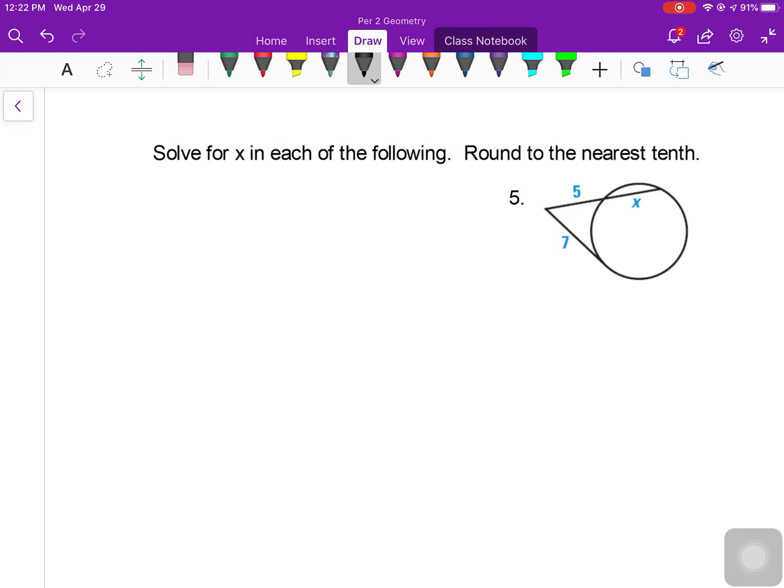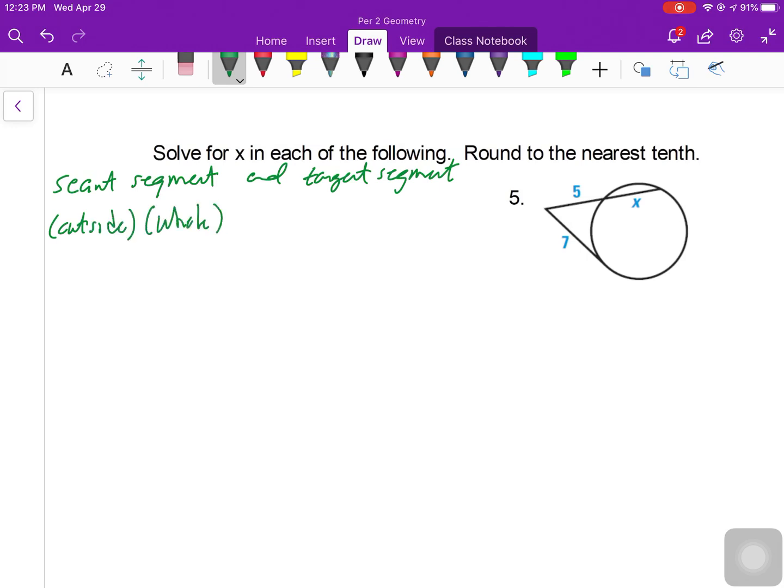Let's try another of these. So in this problem, it looks like we have another secant segment and tangent segment. In our plan, we take the outside times the whole length for the secant segment, and for the tangent, we take the outside times the outside.